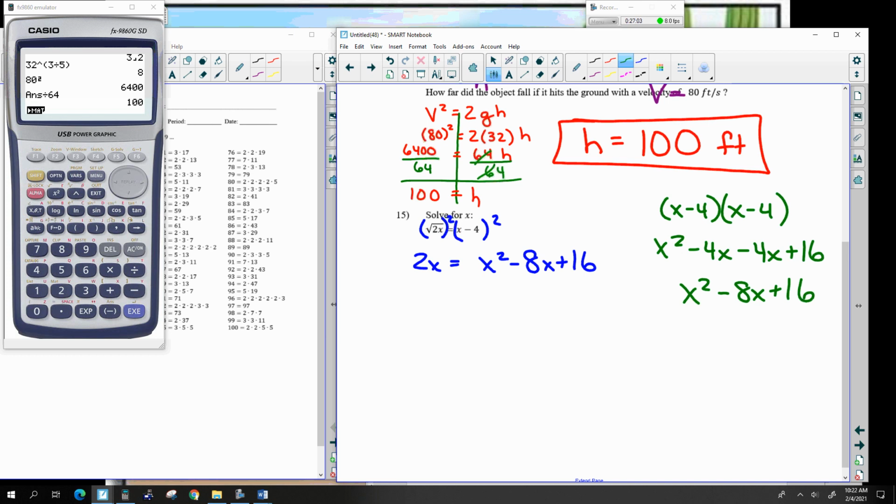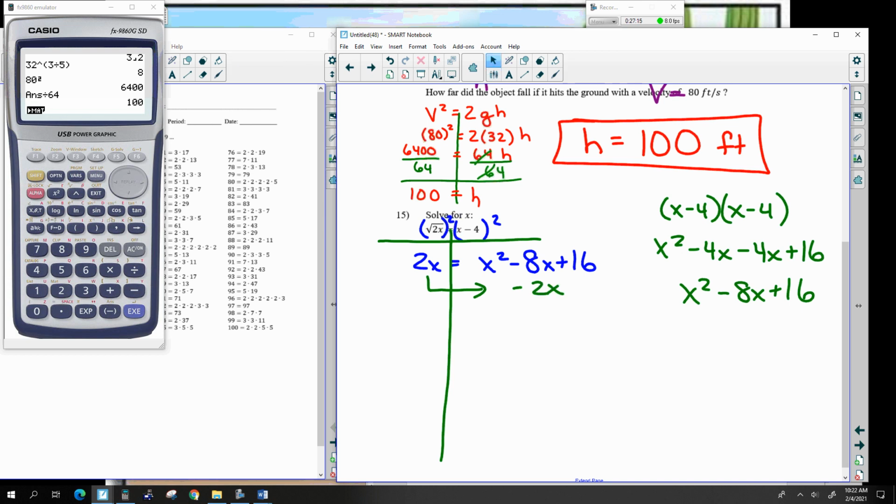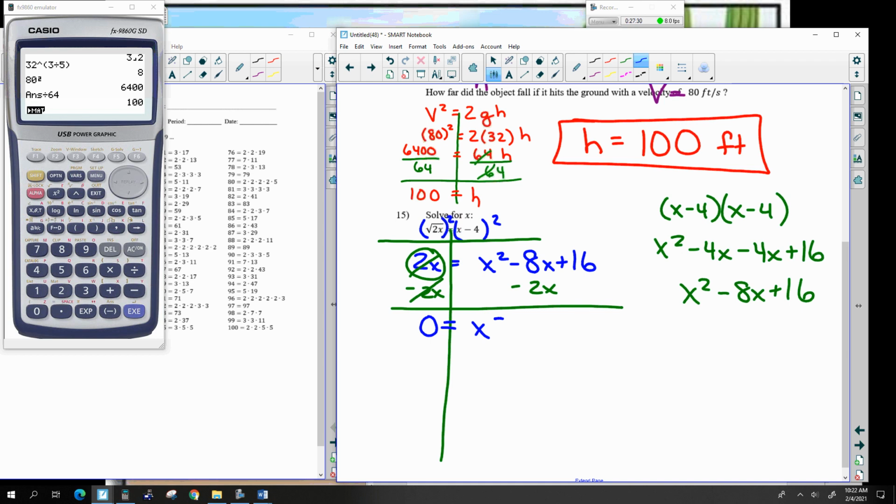All right. So the root was isolated, so I square both sides. Because I have a square, I move everything to that square side. So that's going to be ultimately a minus 2x. To move this to the x side, I have to subtract 2x. So that makes the left-hand side equal to 0, and I have negative 10x.